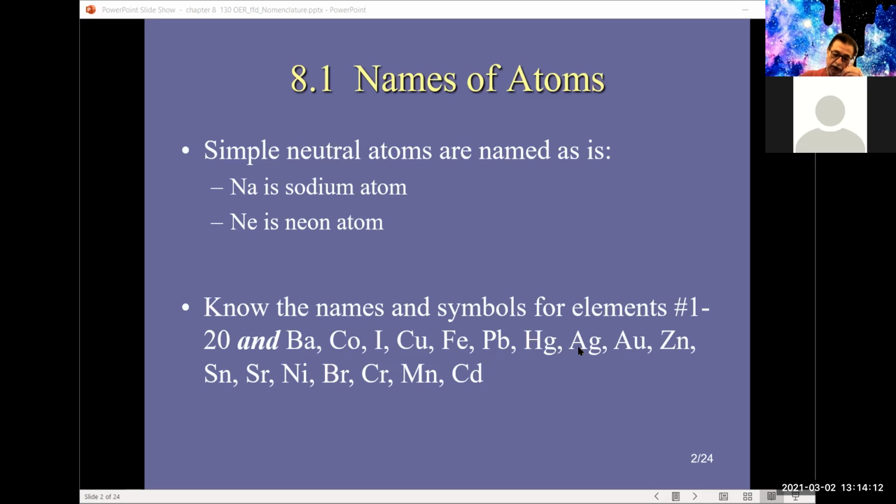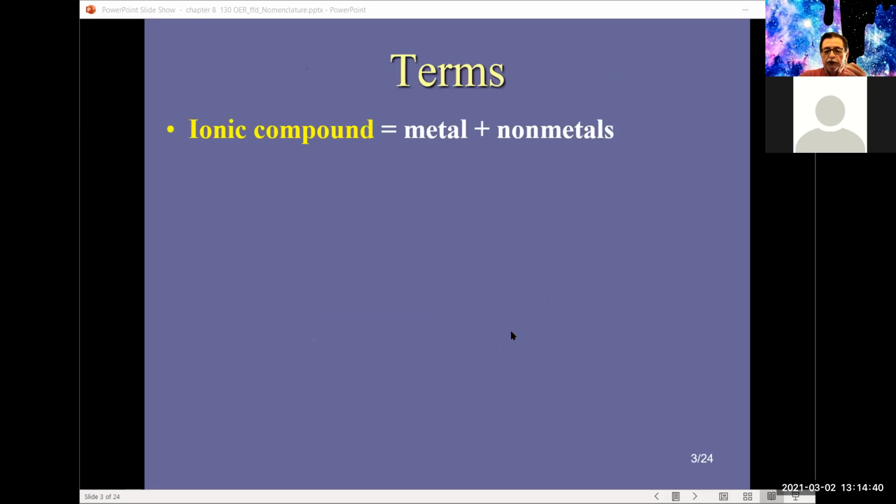This morning when you brush your teeth, if you look at the label, you probably brush your teeth with stannous fluoride. You never knew that you were brushing your teeth with tin, but the ionic tin. Okay, strontium Sr, Ni for nickel, Br for bromine, Cr for chrome, Mn for manganese, Cd for cadmium. Be familiar with this, and we're going to be adding more as we go along.